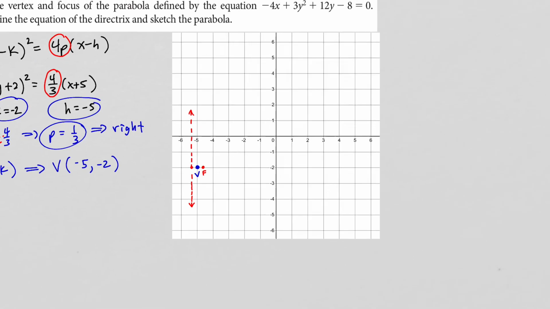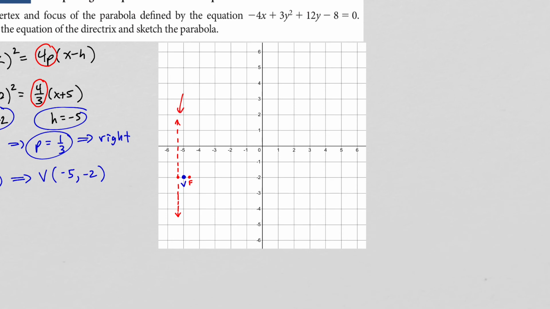Now, if you want to give that more precision, the directrix is the equation x equals -5 1/3, or you can say -16/3. That's the equation of the directrix. And the focus, F, has coordinates. Well, think about it now. This is -5, but the x-coordinate is 1/3 of a unit to the right of -5.